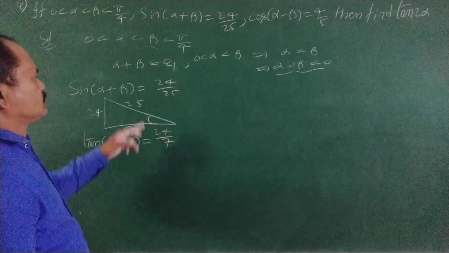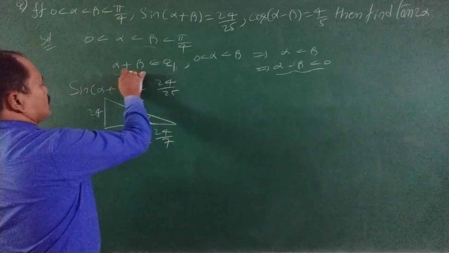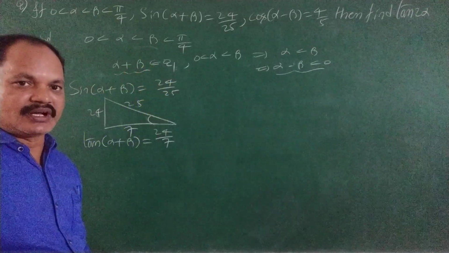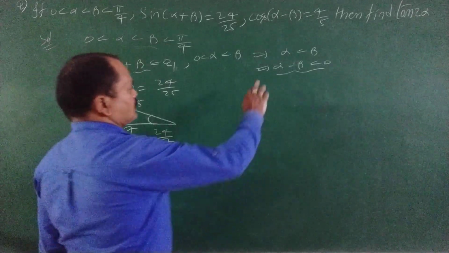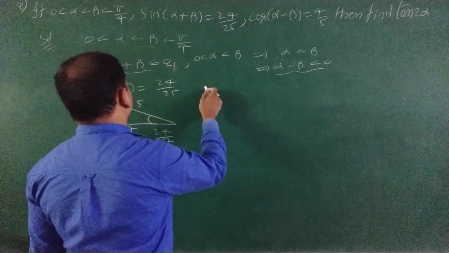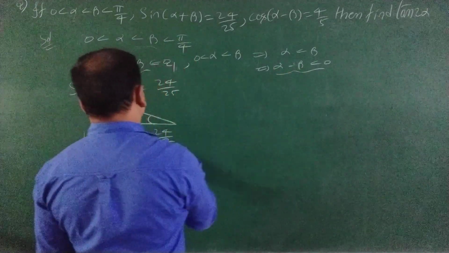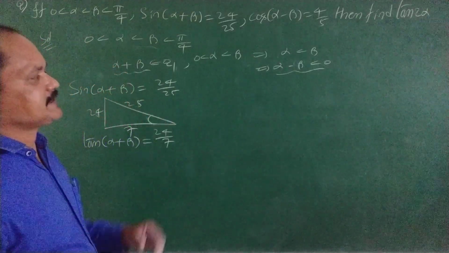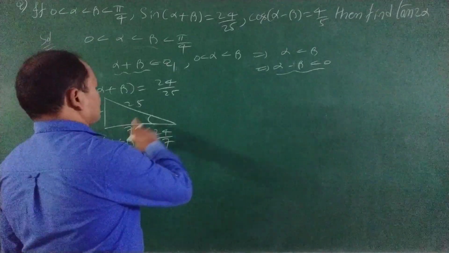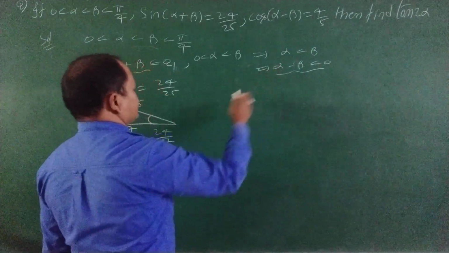This is positive since alpha plus beta belongs to Q1. Now alpha minus beta is negative, so tan(alpha - beta) is definitely negative.